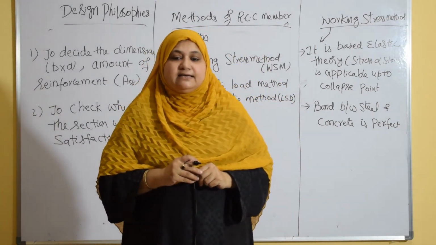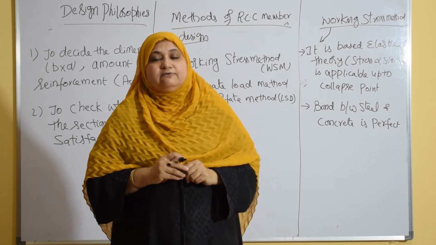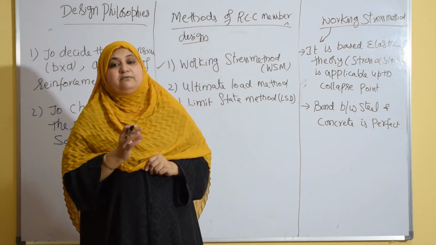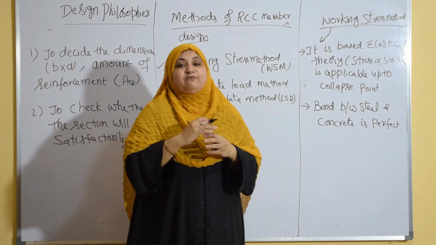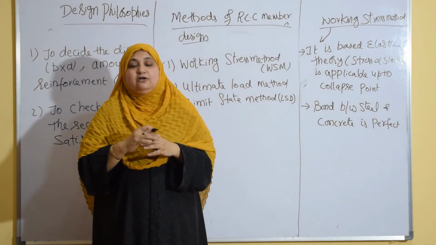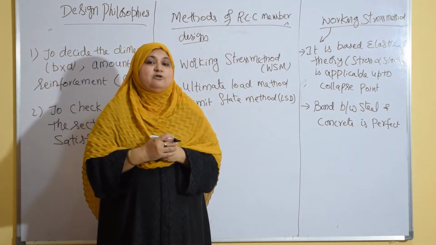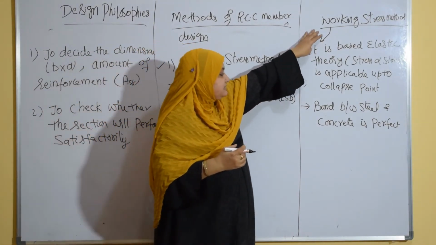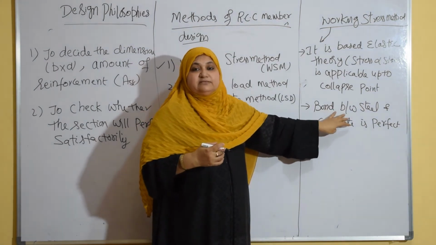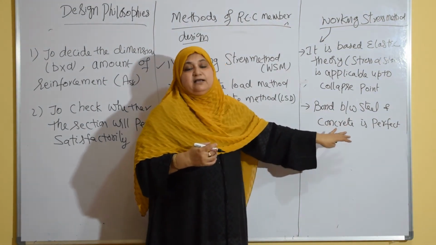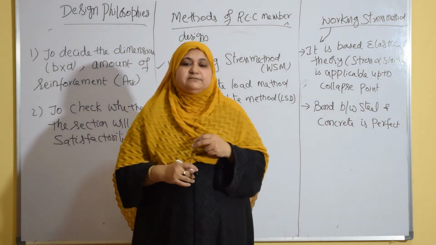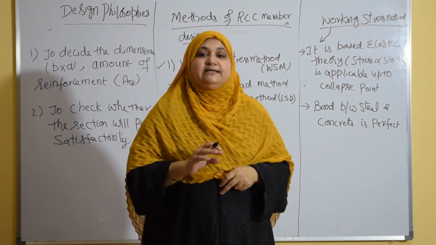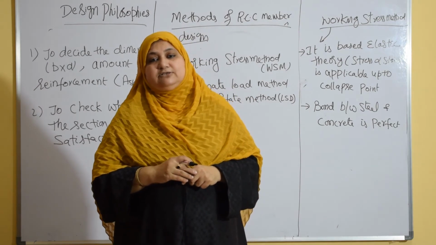When stresses are transferred from concrete to steel or steel to concrete, there will normally be some losses. But this method assumes that the bond between steel and concrete is perfect and there are no losses in the permissible stresses. The permissible stresses are not exceeded anywhere in the structure.